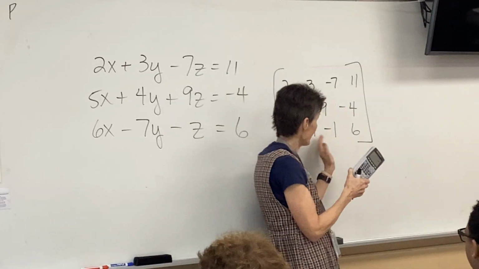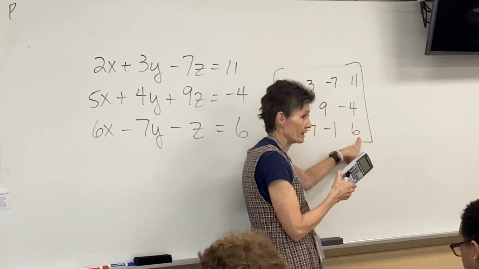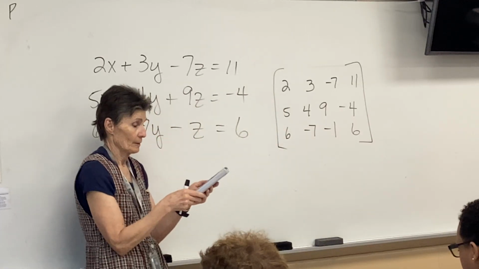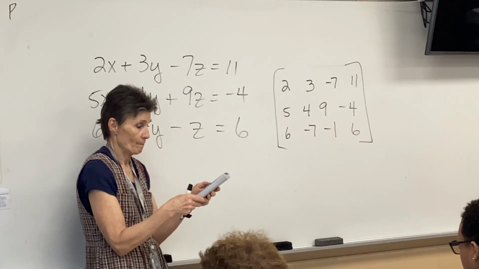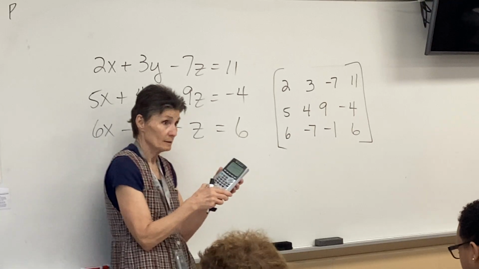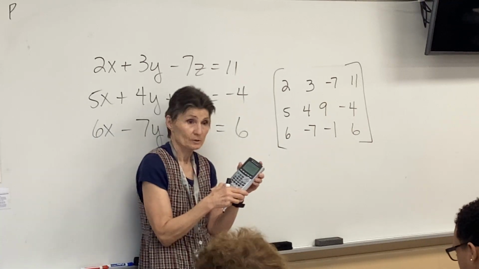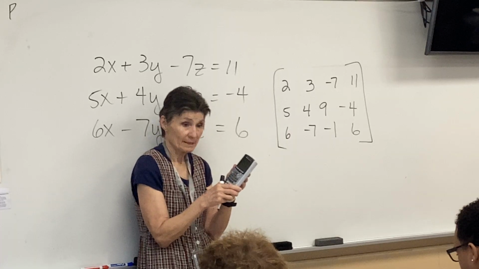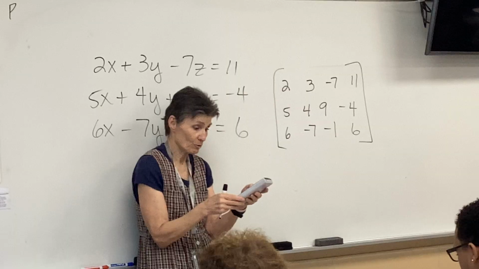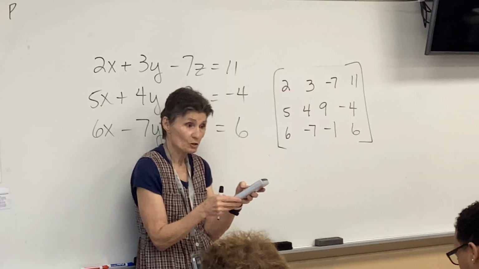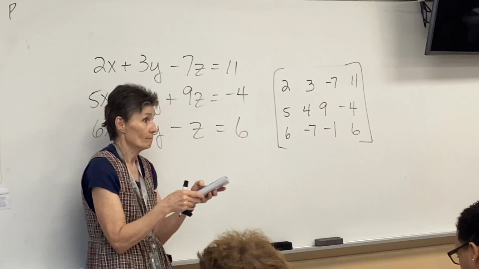Eventually, you're gonna get to the end, and you're gonna type that 6 right there, and press enter. And then what are you gonna do? Second quit, because you're done editing. You're done putting numbers in. But now you have to go back into your matrix mode, second matrix, because you're gonna do something, right?